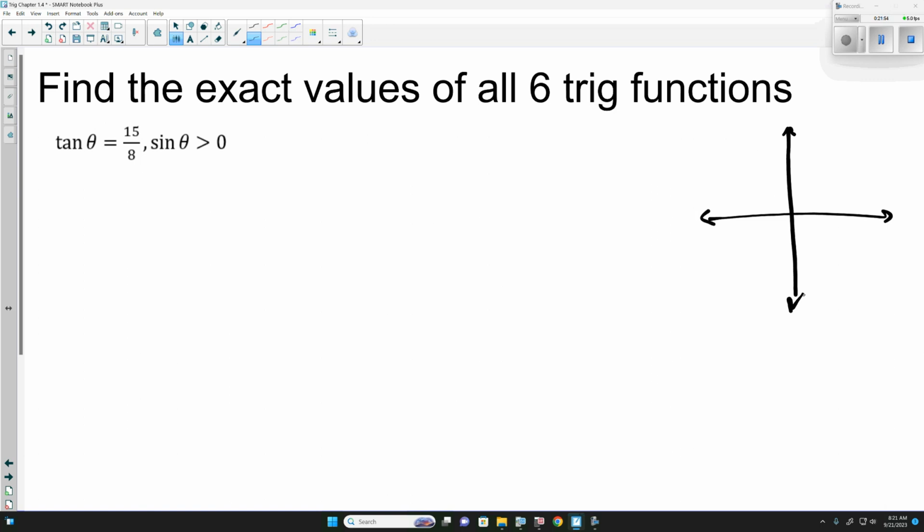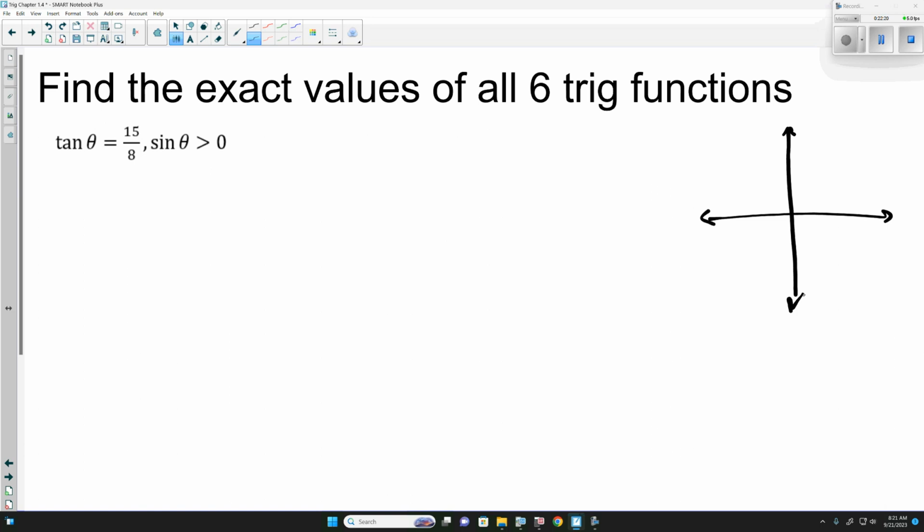Tangent of theta is equal to 15 over 8, opposite over adjacent. That's fine and all, but there are two quadrants for which tangent is positive. One of them is the first quadrant, the other is the third. So we don't know which quadrant we have, so there are two different setups we can have.